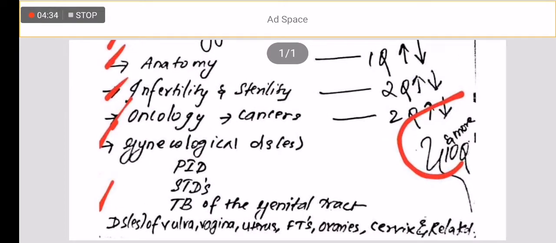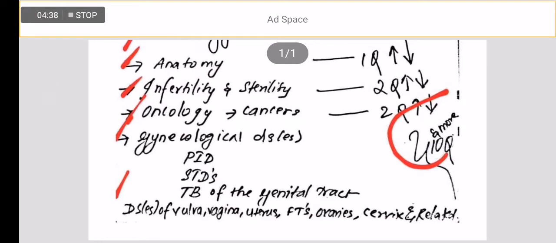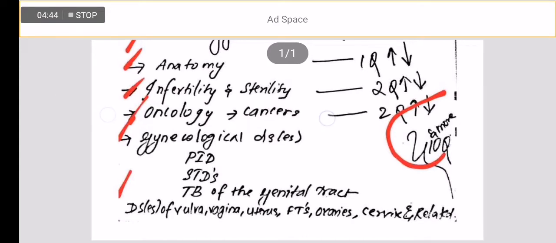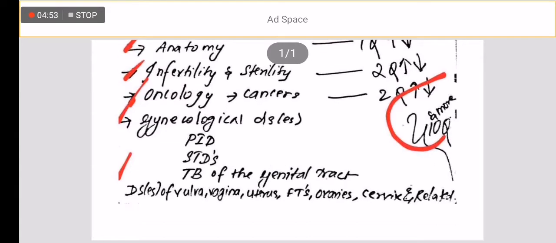Okay. The most important topics are given here. You can see infertility and sterility and cancers related to gynecology, and gynecology diseases like pelvic inflammatory diseases, sexually transmitted diseases, tuberculosis of the genital tract, and diseases of vulva, vagina, uterus, fallopian tubes, ovaries, cervix, and related questions.